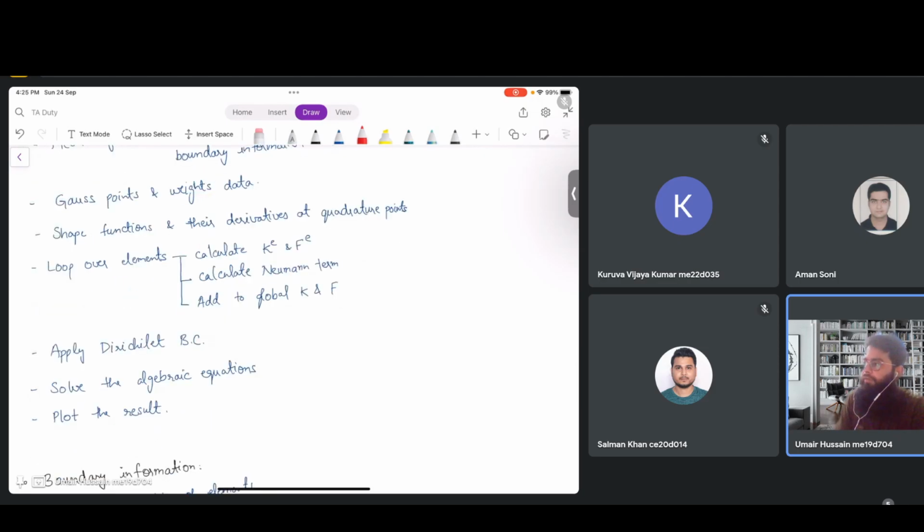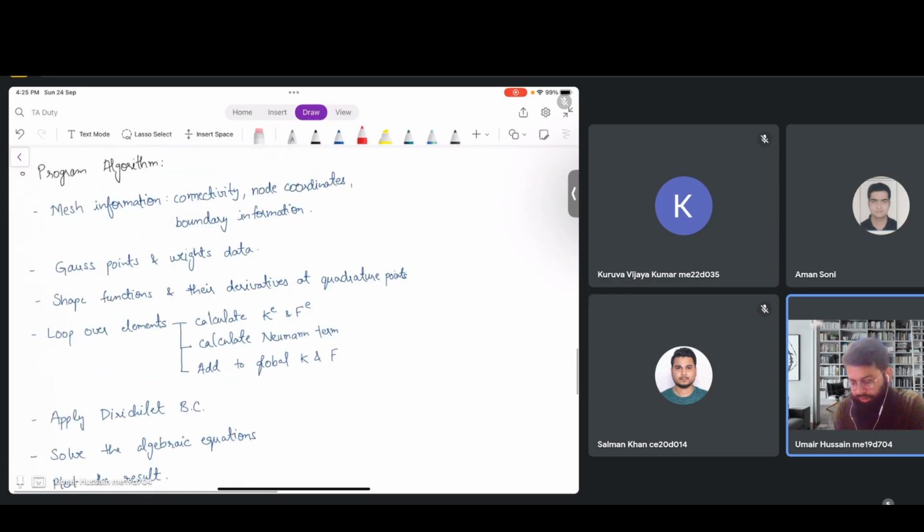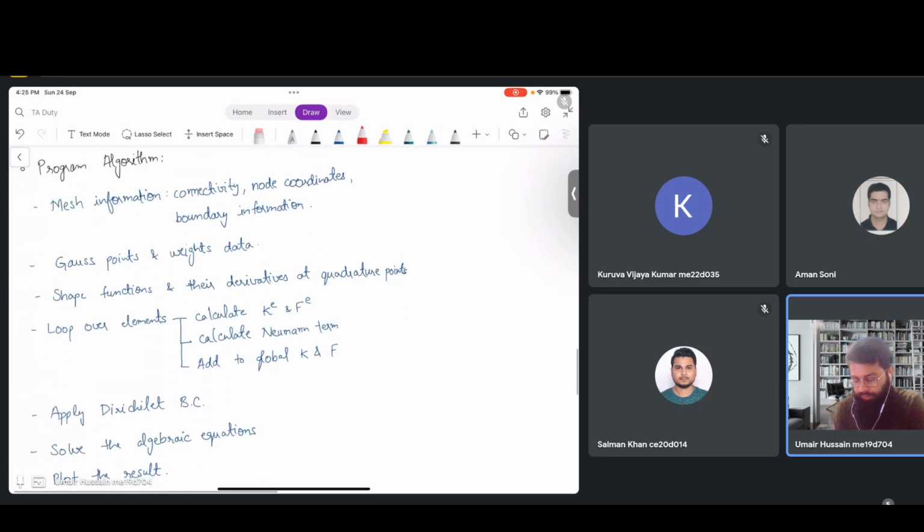After we modify our stiffness matrix and force vector with the boundary condition, we solve the equations, the matrix and vector, to get our solution value for each node. Then we plot the result to be properly visualized. So this is the gist of the basic algorithm to solve any FEM problem.